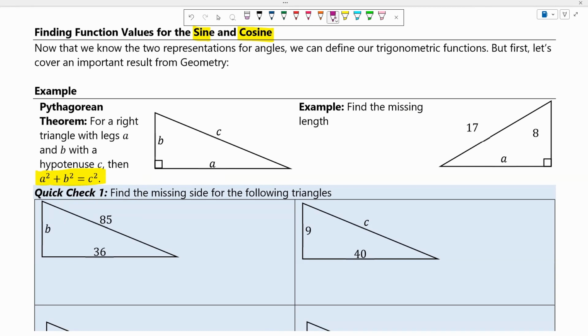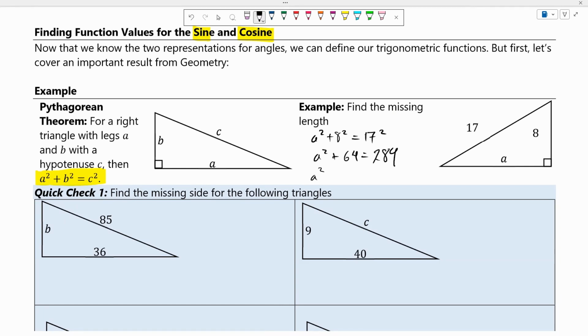So if I want to find the missing length, this length A right here, then I set it up just how you think. It's going to be A squared plus 8 squared, and that's got to be equal to 17 squared. A squared plus 64 is equal to 17 squared, which is 289.